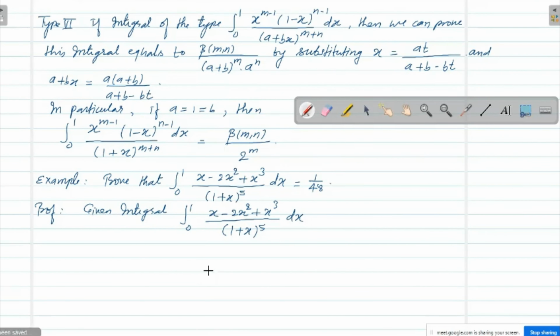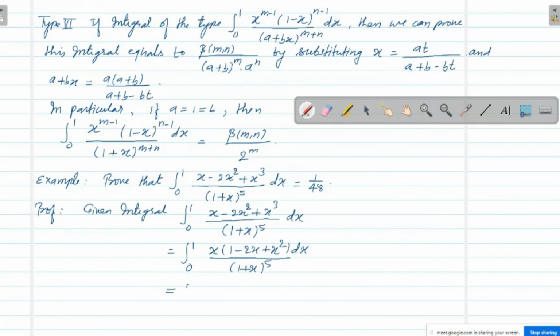And what do I have to do first? Take the common factor. Here x is common in each term, so taking x common: the integral from 0 to 1 of x(1 - 2x + x²) dx divided by (1 + x)⁵.